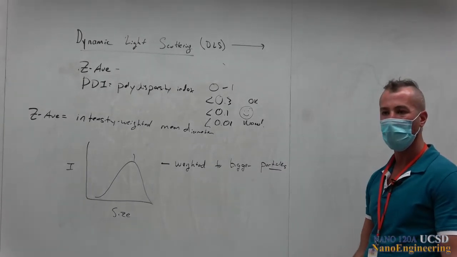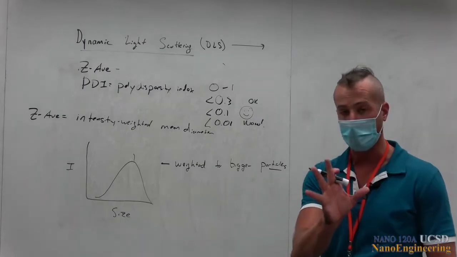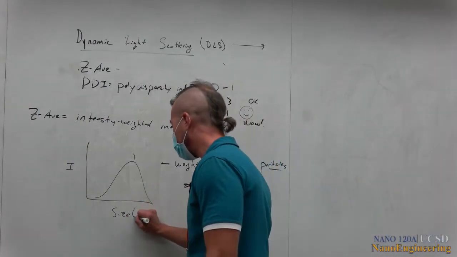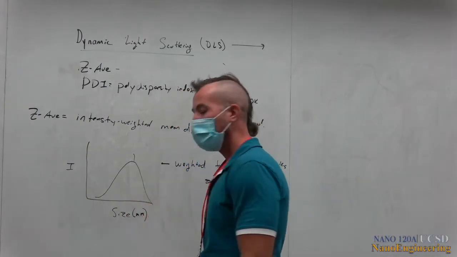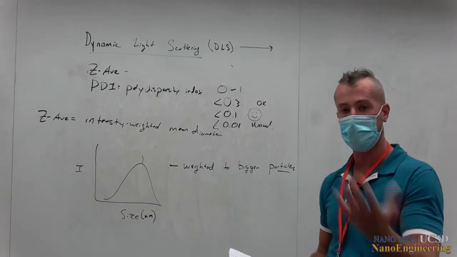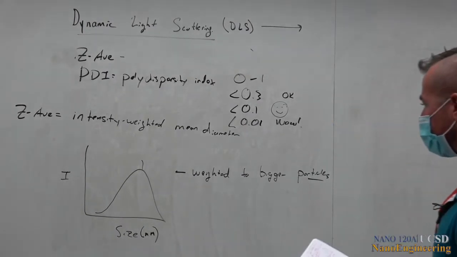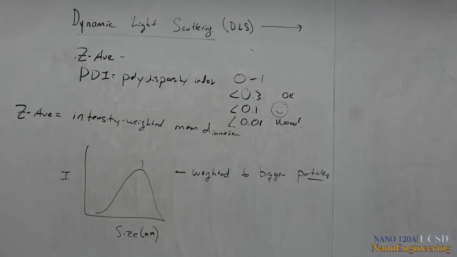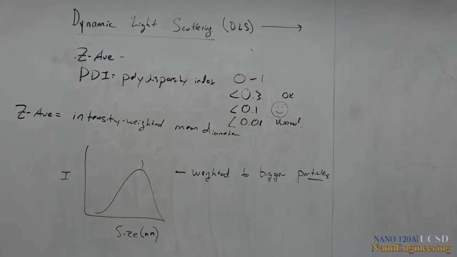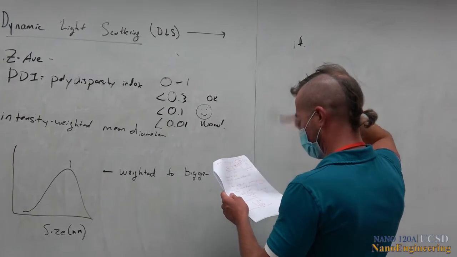It's weighted to heavier particles because bigger particles scatter more. So the size that you get here in nanometers, if you have some big chunks in there, the number can be off because those bigger particles are having a bigger impact on the overall Z average number. So what do you need to know?